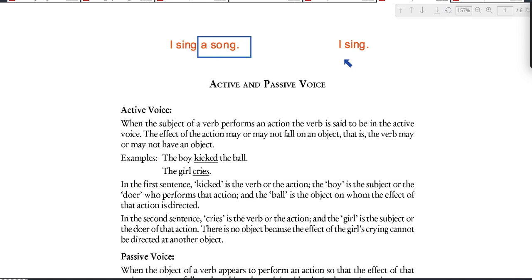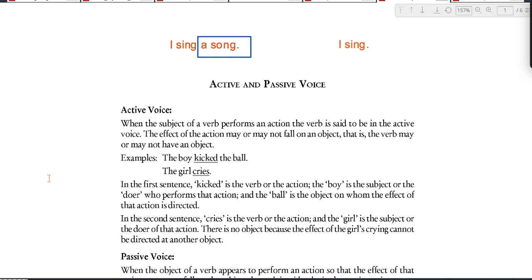If you have to make the passive voice of the sentence I sing, you know that you can only sing a song, you cannot sing a story. So in this case it's understood and you have to supply the object yourself. You'll say the song was sung by me, or the song is sung by me.